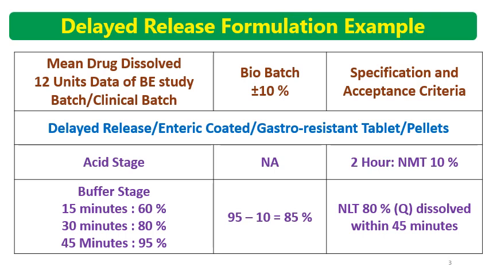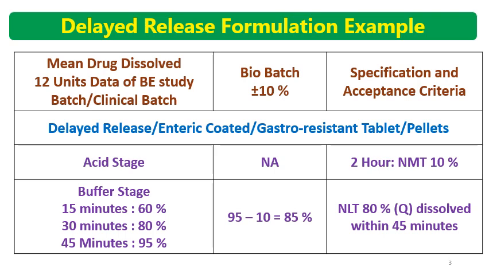Then consider the extended release type of design, and it will require minimum 3 time points. These time points will be the time point where the formulation releases 25% of the drug, the second time point is 50% of the drug, and the last time point will be equal to 80% or above drug release.